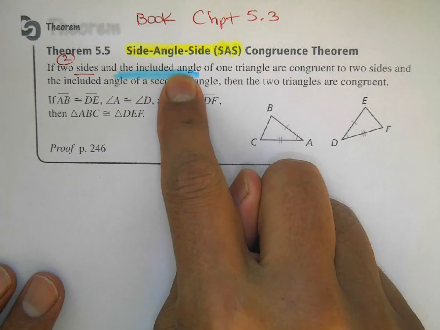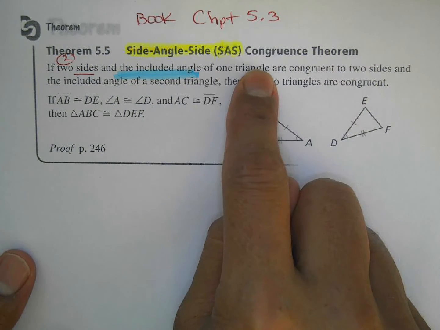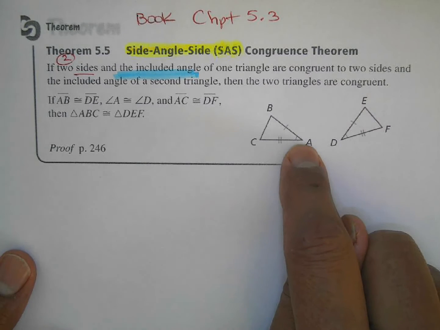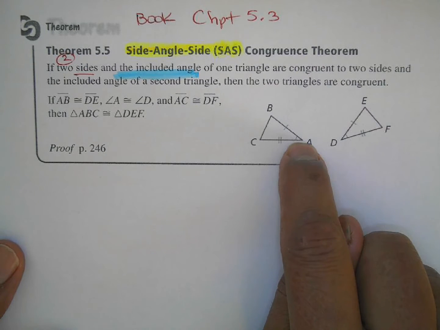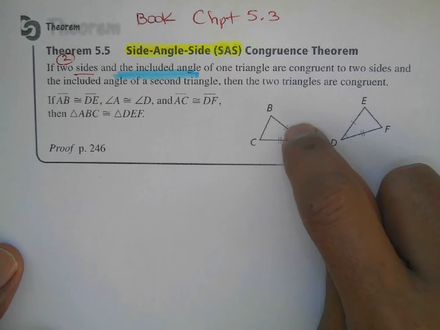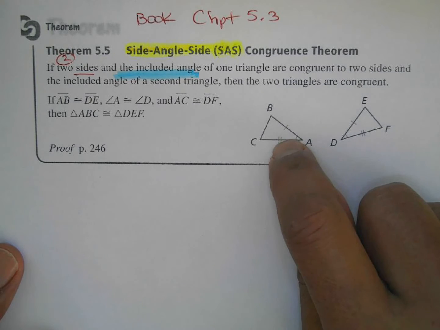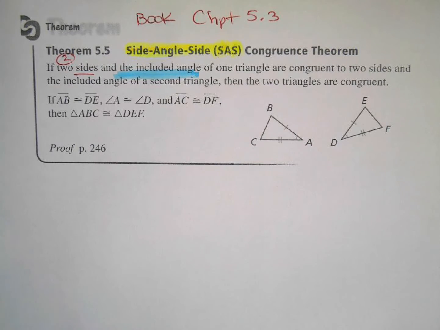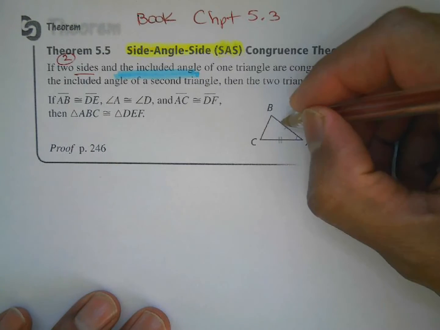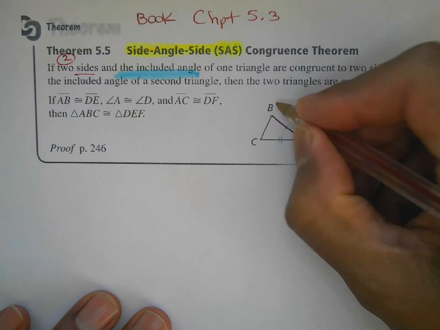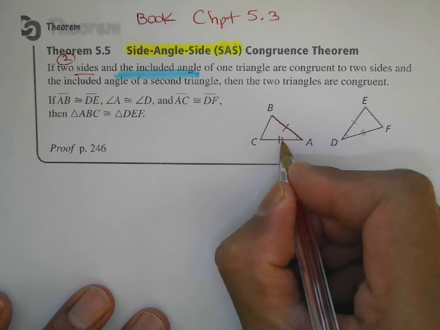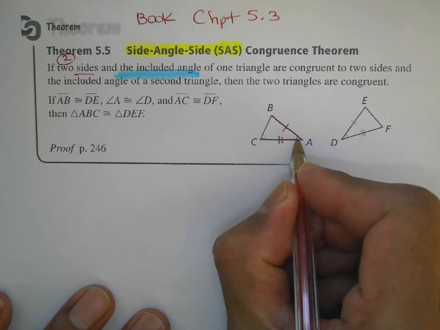If two sides and the included angle of one triangle, the included angle would have to be the angle in between. It can't be this side and an angle over here. This side has one mark and this side has the double mark.